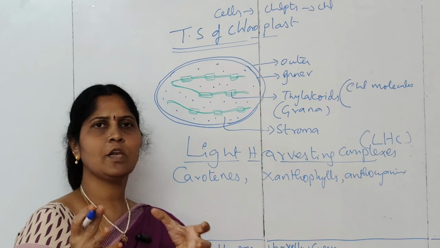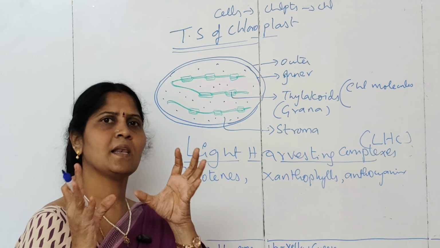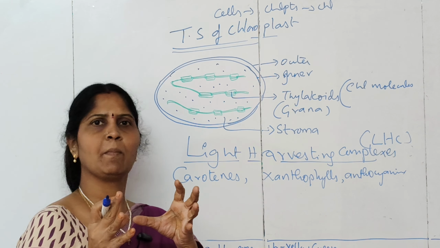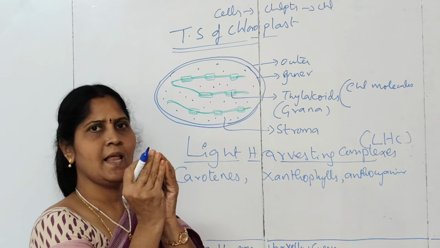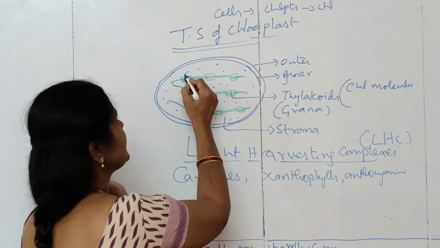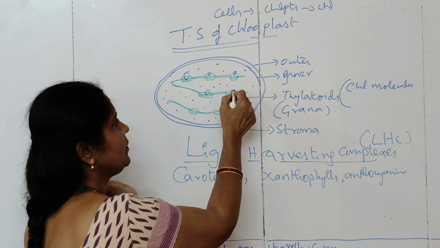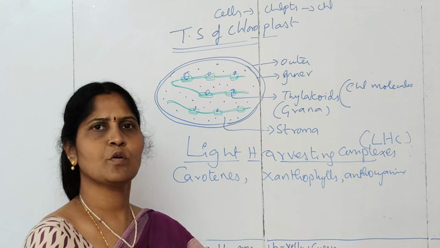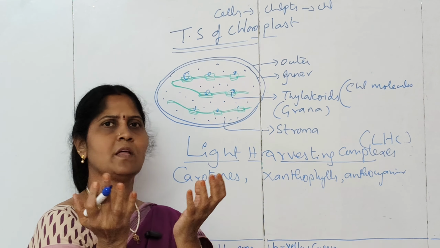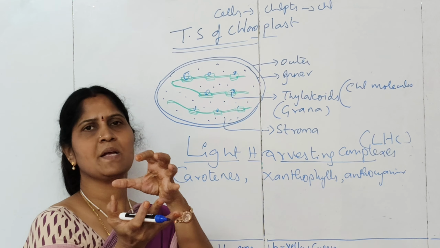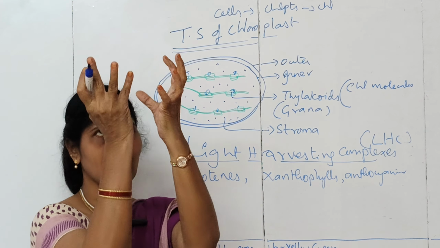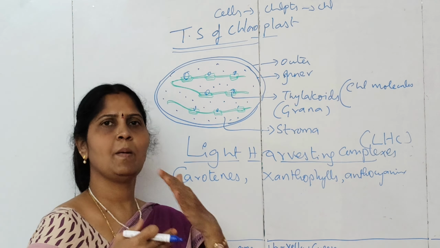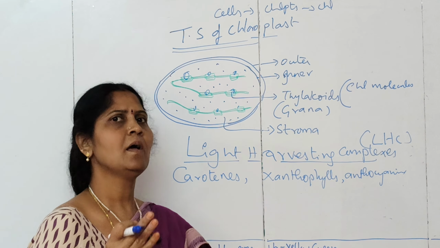Nearly 250 to 400 pigment molecules together make up these LHC groups, which are present on the thylakoids. The function of the chlorophyll molecule in photosynthesis is, along with all the other pigments in the light harvesting complex, to harvest the light and help the plant cells perform photosynthesis.